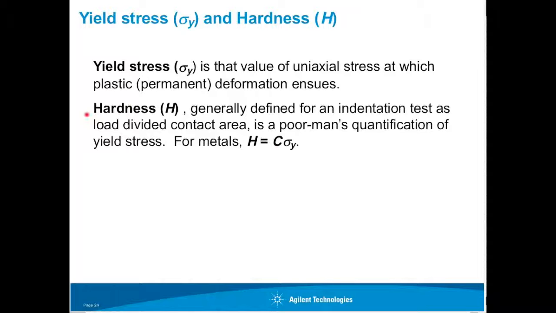Hardness, which is generally defined for an indentation test as load divided by contact area, is a poor man's quantification of yield stress. It's cheap and easy, and for metals, hardness is directly related to yield stress through a constant, and it turns out that we know empirically that that constant is about 3. So hardness is directly proportional to yield stress for most metals.